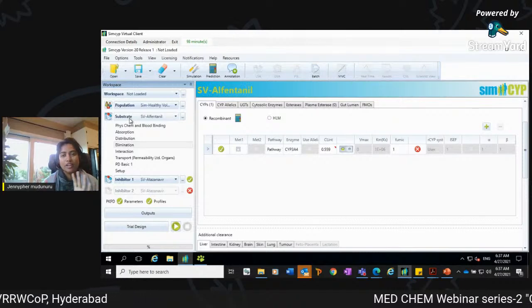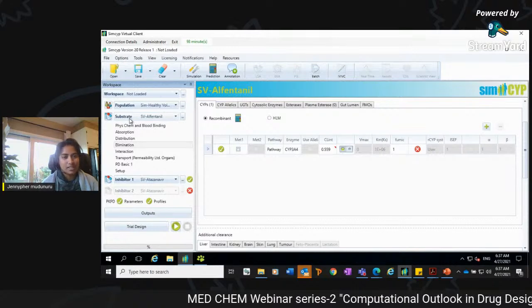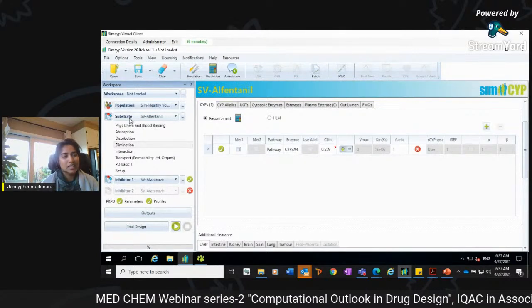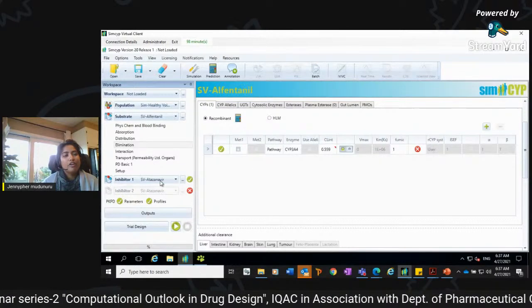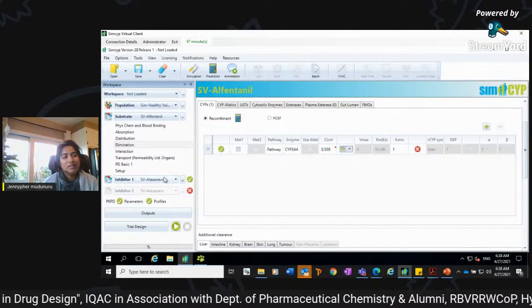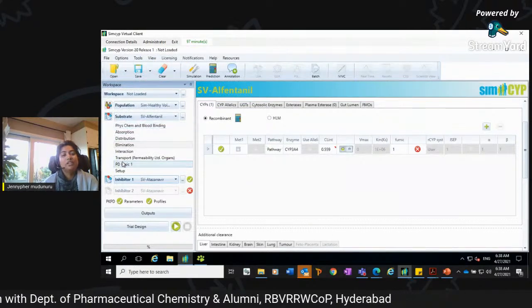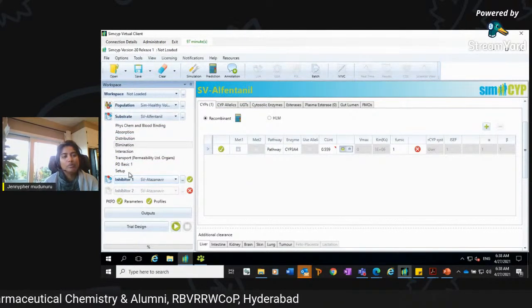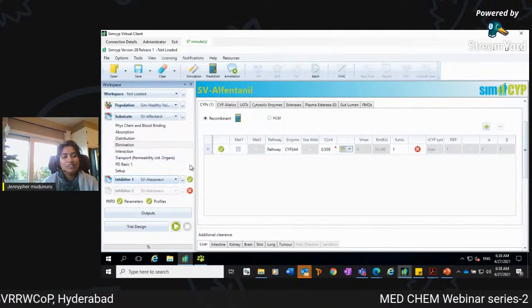So when you have drug-drug interactions, if you have two compounds, one becomes the substrate, which is the victim, and the other becomes the perpetrator, which is the inhibitor. So for a modeling like that, we can actually activate the inhibitor and then use one of the inbuilt inhibitors, or you can also build your inhibitor similar to how you would build your substrate here. And then we run a simulation.